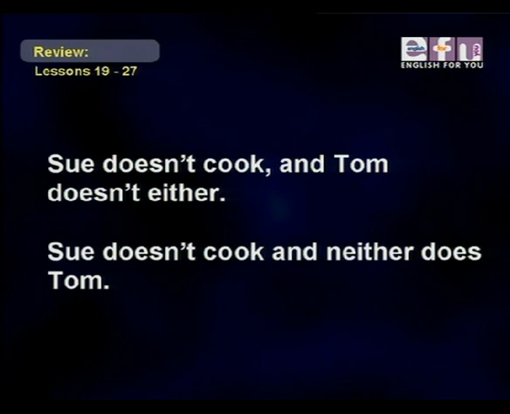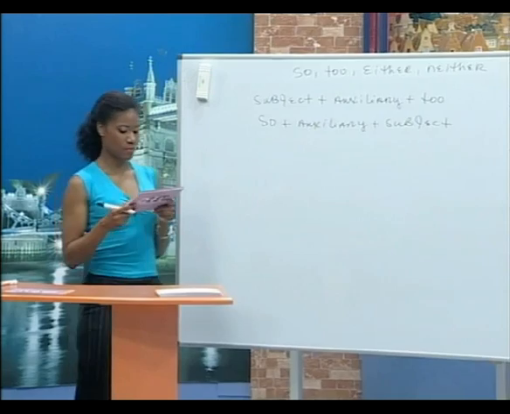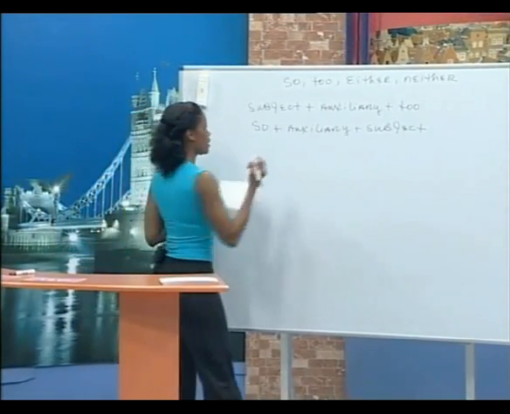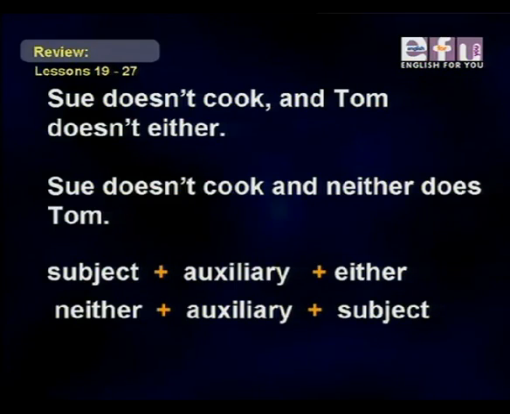Sue doesn't cook and neither does Tom. Now, of course, these 2 sentences mean the same also. That word order is subject plus your auxiliary verb plus either, or neither plus the auxiliary verb plus the subject.